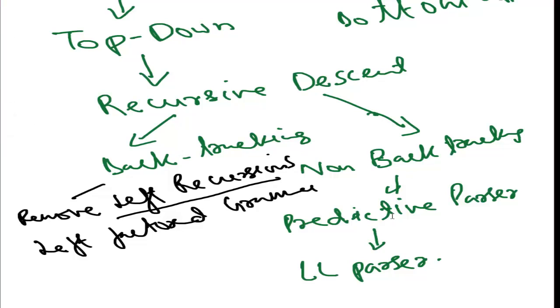Then we will remove even the backtracking. In the backtracking case we remove the left recursion, but here we will remove the backtracking. When we remove the backtracking, it leads to the predictive parser.